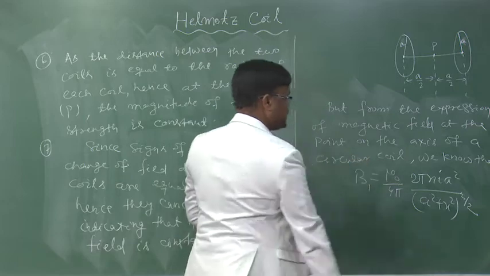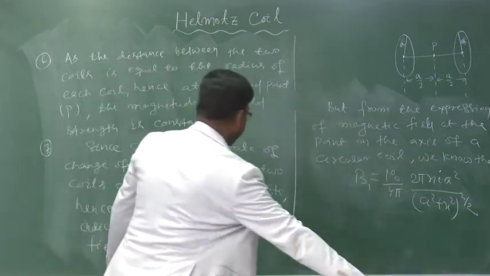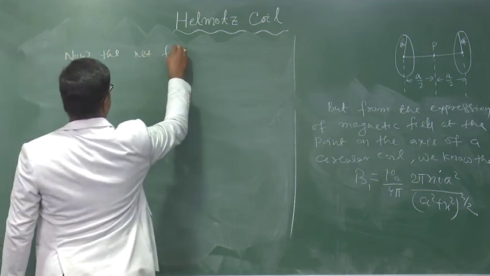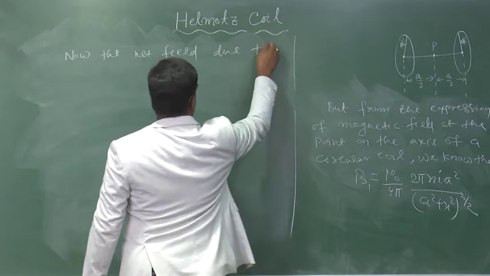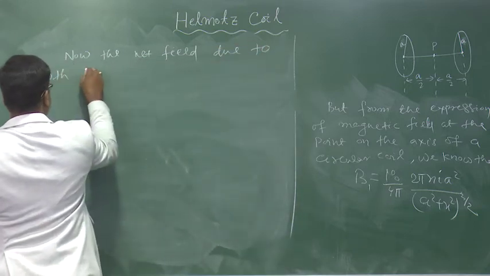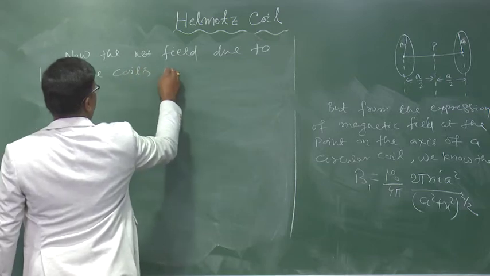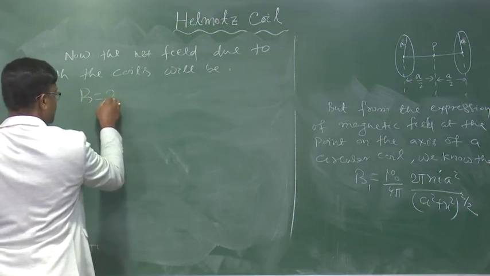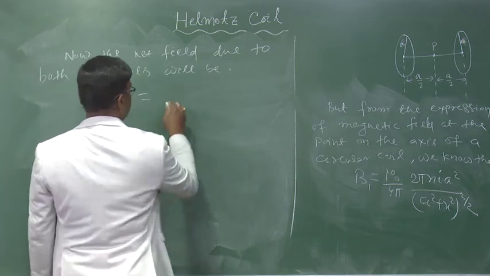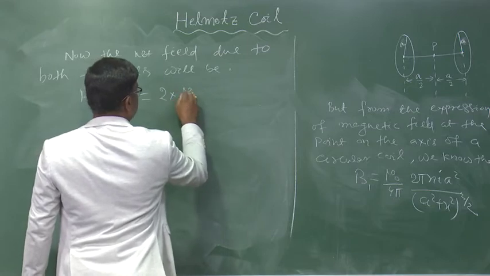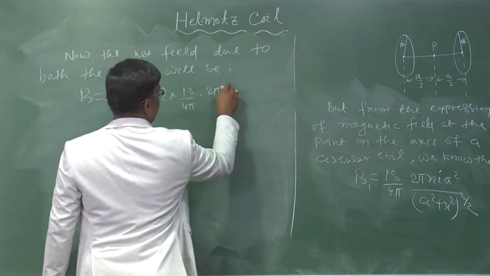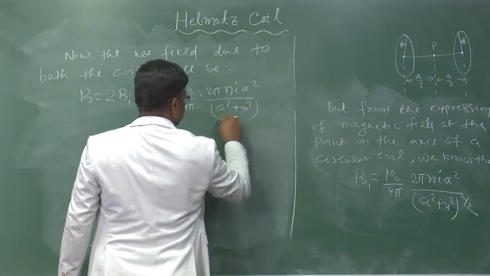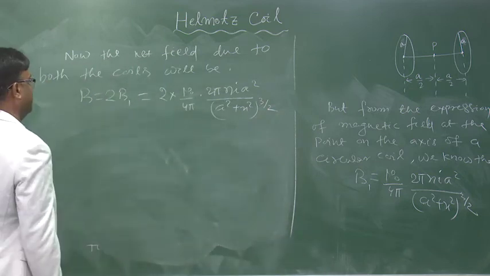If we take this as B1, the net field due to both coils will be B equal to 2 B1, which is equal to 2 into mu 0 by 4 pi into 2 pi n I a square by a square plus x square whole to the power 3 by 2.